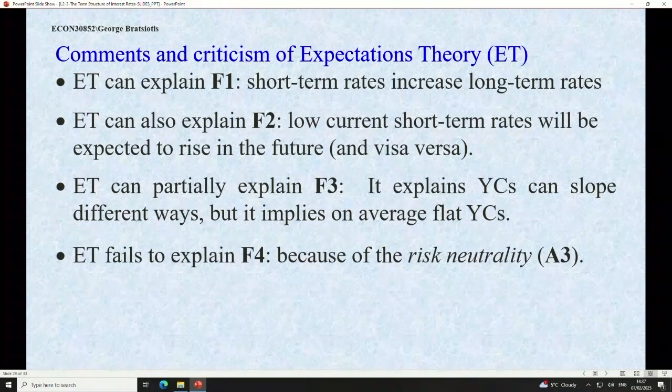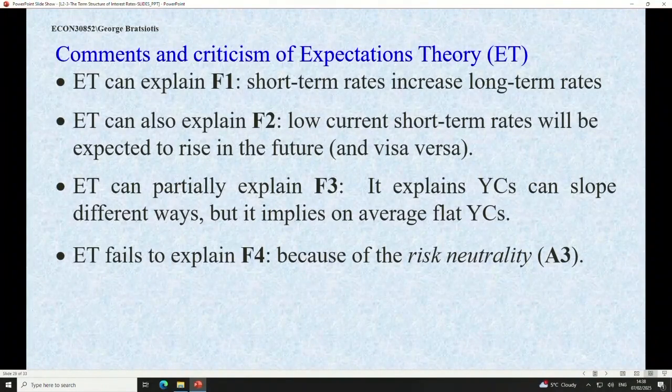The other one is, it fails to explain fact 4, that the rates usually go up. But this is related, guys. I mean, this point here is related to this. Because if they didn't have a risk-neutral agent, even with rational expectations, even with a mean 0, they would still get an upward sloping yield curve.